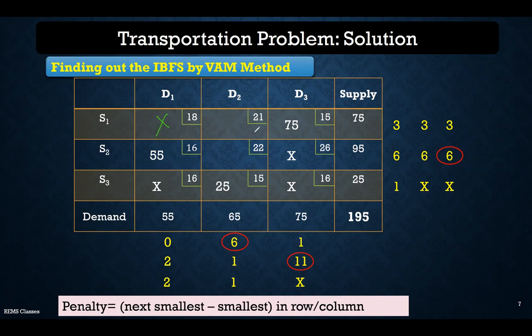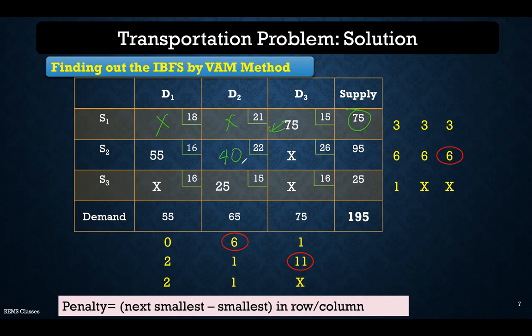Next, there is no requirement for this particular cell because there is 75 units and we have already supplied the 75 units over here. So we'll cross this. The remaining quantity, that is the 40 units, will be satisfied. We will allocate it in this particular cell.